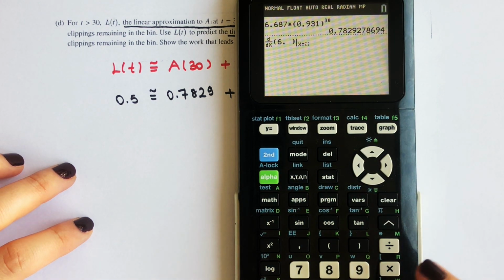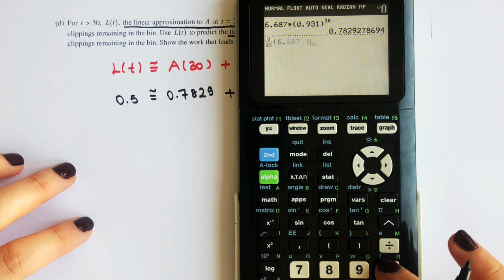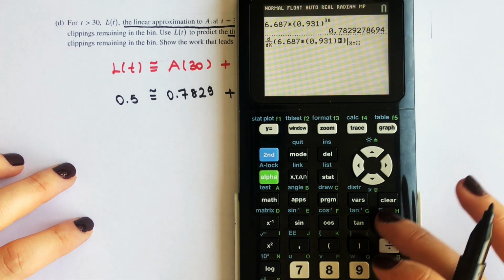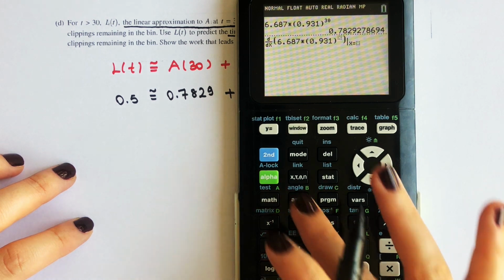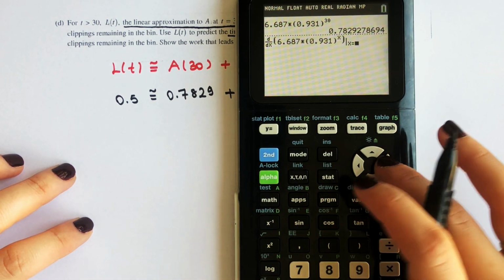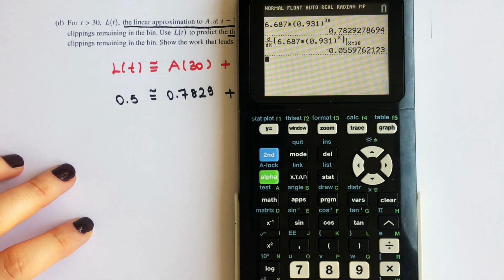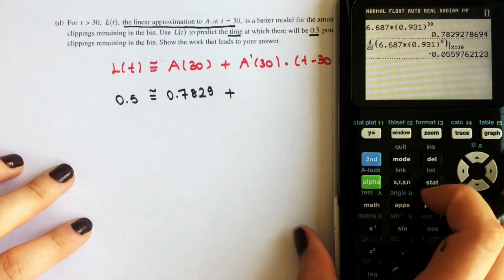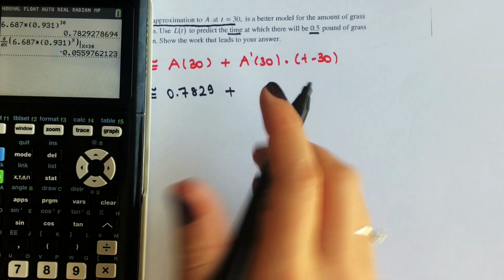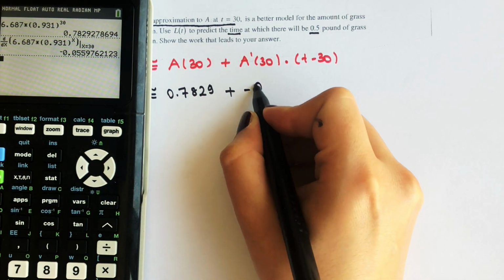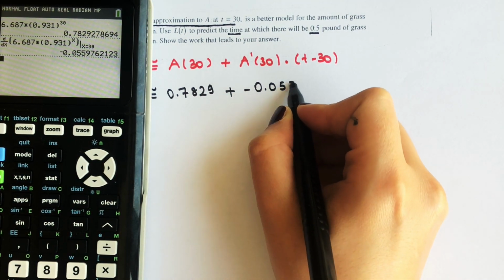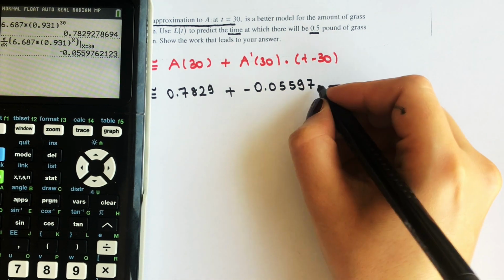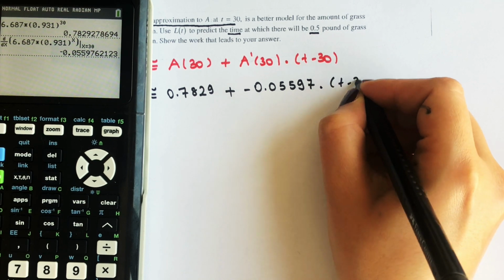Again write the function 6.687 times 0.931 to the power of x at x equals 30. And the result is, I can write it, minus 0.05597 times t minus 30.